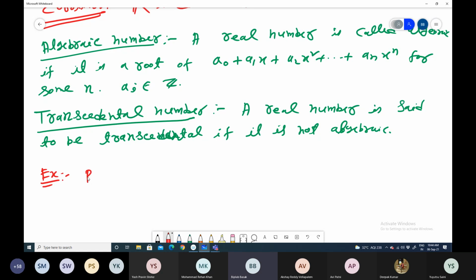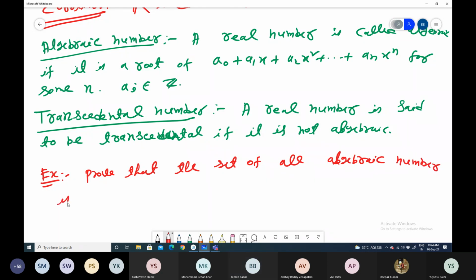Now this is your exercise. Prove that the set of all algebraic numbers is countable.